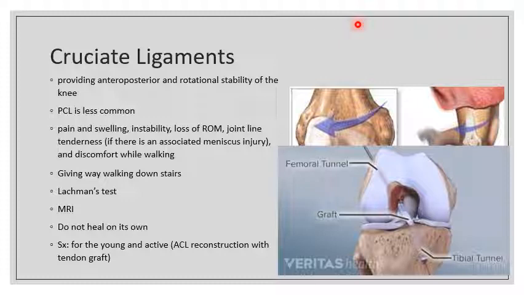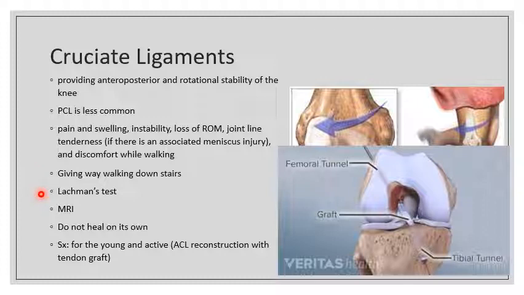This alters your knee biomechanics and kinematics. Usually patients with ACL injury develop early degenerative changes if it's not addressed. Patients complain of pain, swelling, instability, loss of range of motion, and joint line tenderness if there's a meniscus injury. Commonly, they say that it gives way while walking down the stairs.